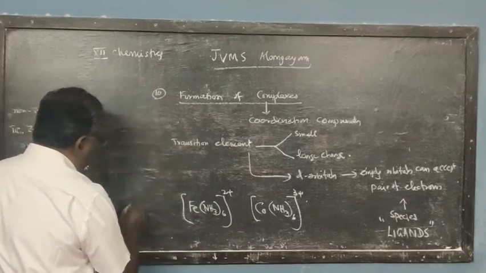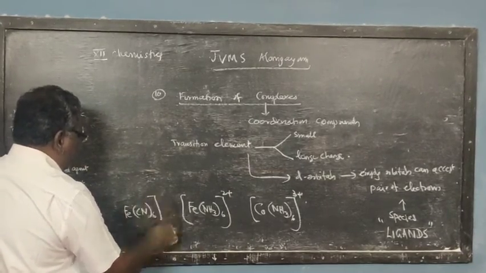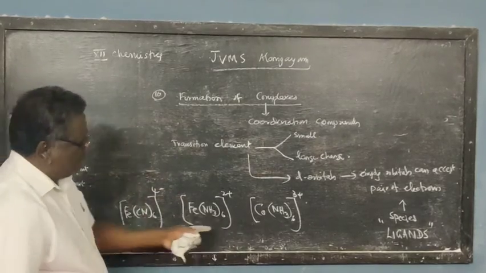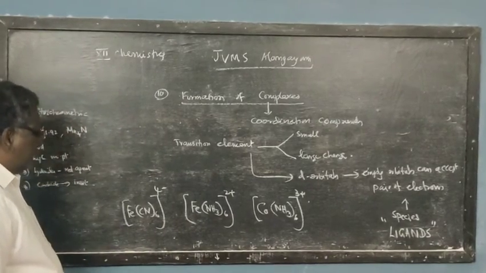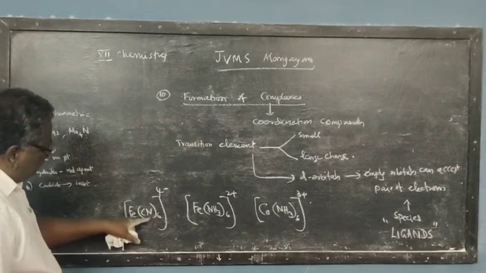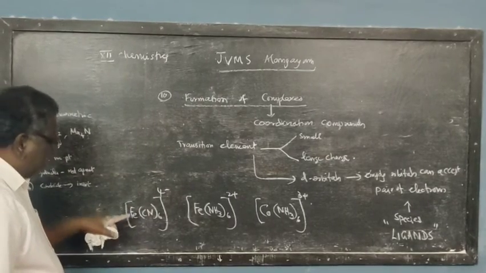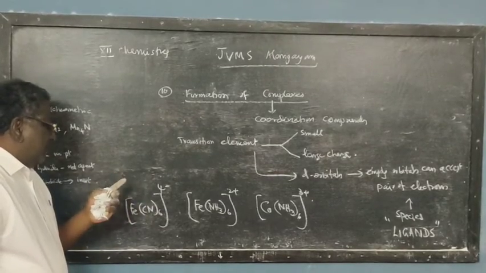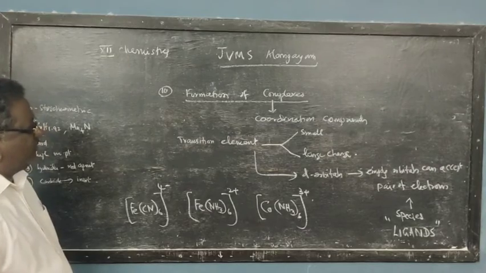Or even we have iron with Cl 6, 4 minus. So these are all called complexes, or coordination compound ions. This is the central metal atom and this is the ligand. The ligand gives electrons and the metal takes electrons. Therefore this can be called a Lewis base and this a Lewis acid also in chemistry, right?